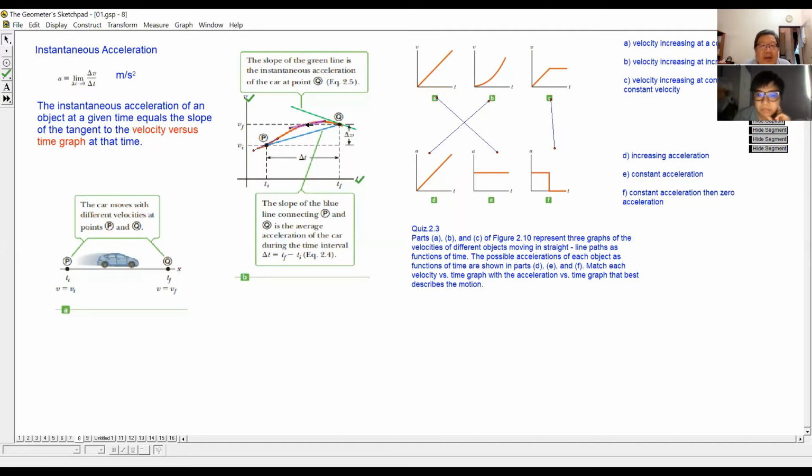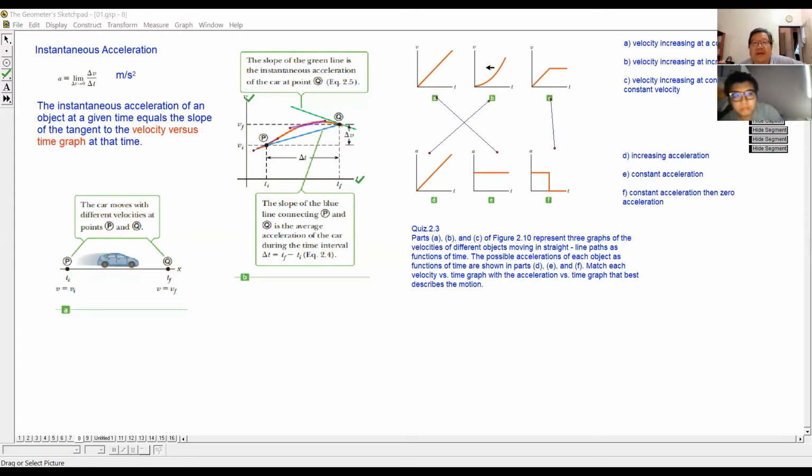So the instantaneous acceleration is the slope of the tangent at that point. However, if you take the straight blue line like that, then it will represent the average acceleration.